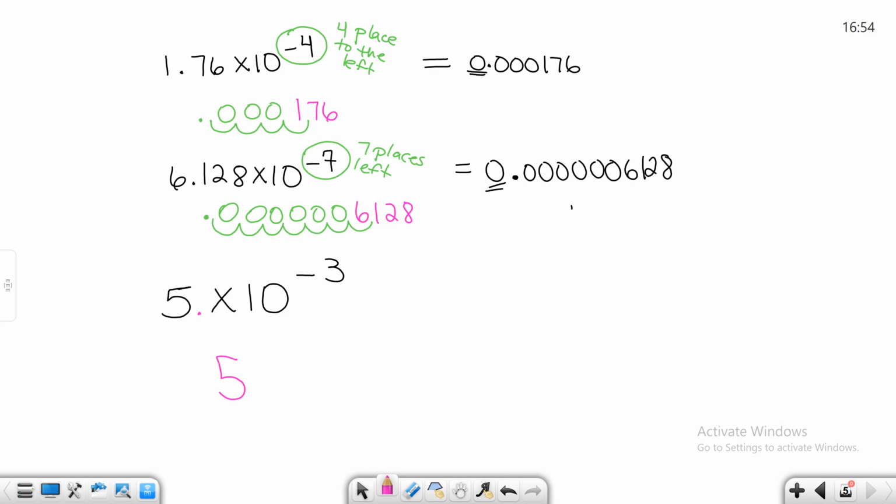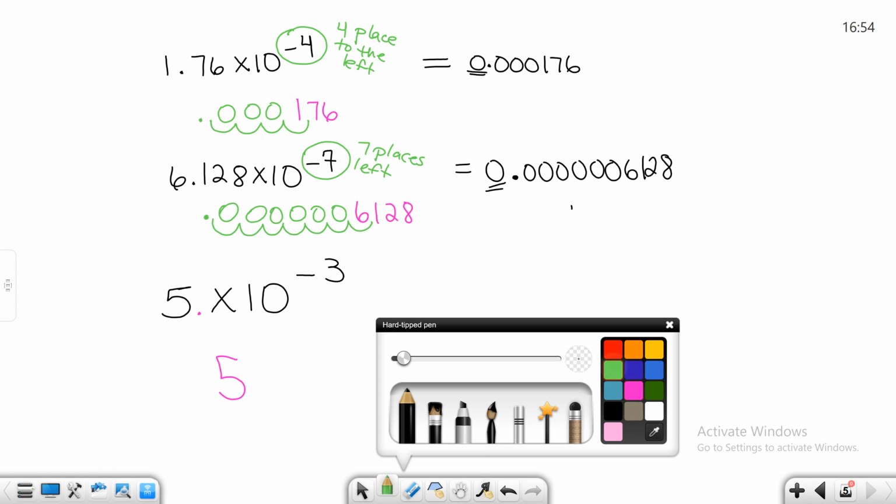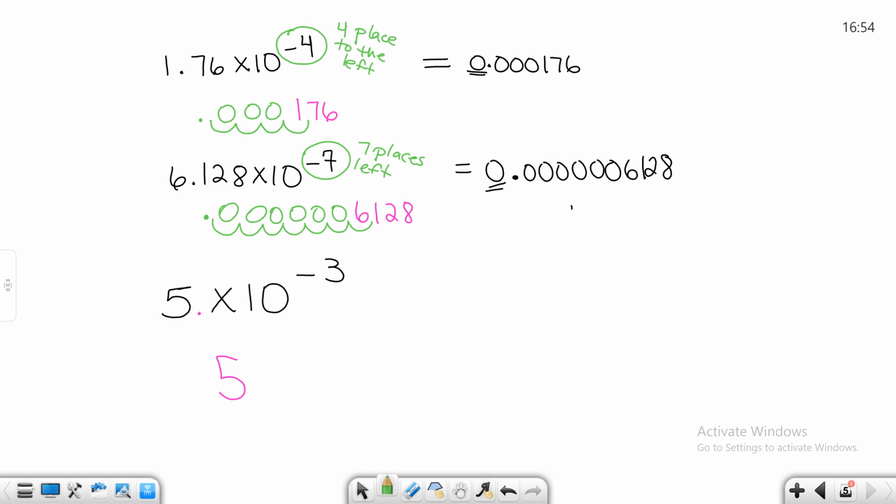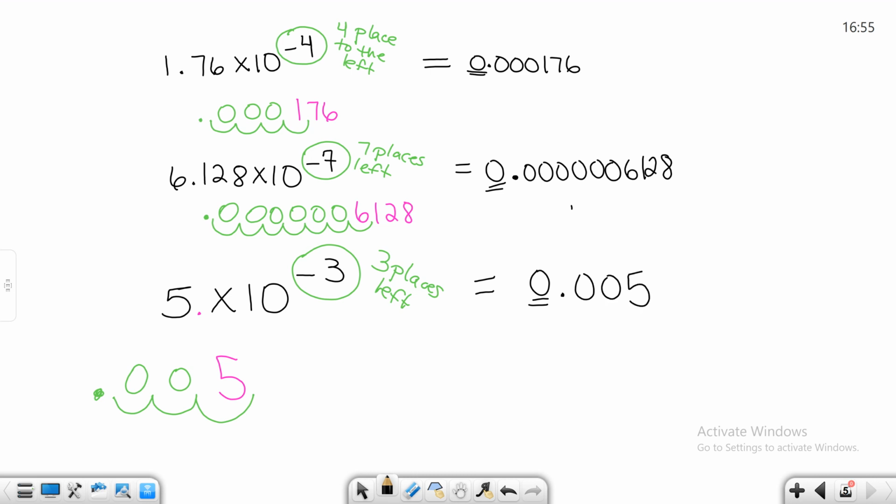So keeping in mind where my decimal should be, I'm going to count 3 places to the left. And how do I know that I'm going to the left? Because it's a negative. So keep in mind that my decimal was here. I'm going to count 1, 2, 3. Here is where my new decimal goes. So this is equal to 0.005, I'm putting a leading 0.